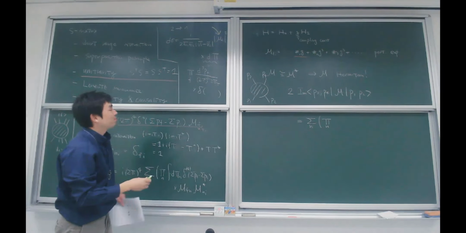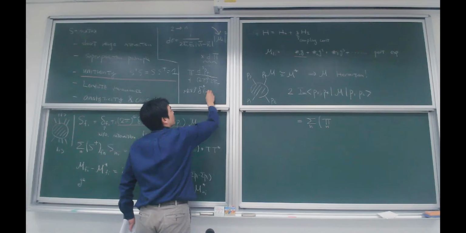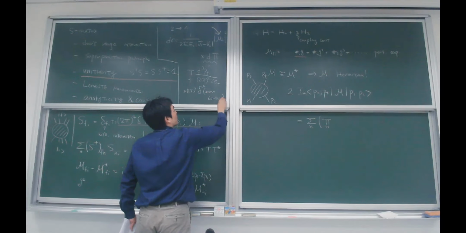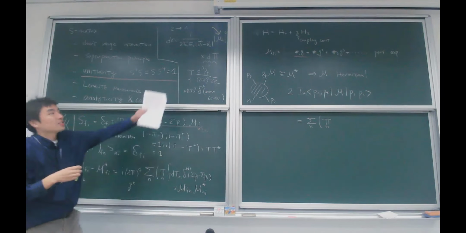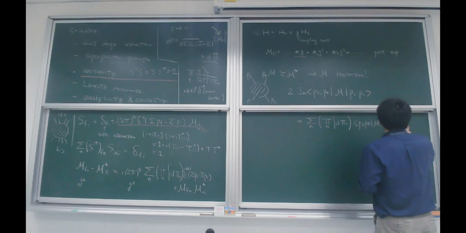I think there is a 2 pi to the fourth, which I missed, and then the delta function imposing momentum conservation. And then P3, P4, M, n.